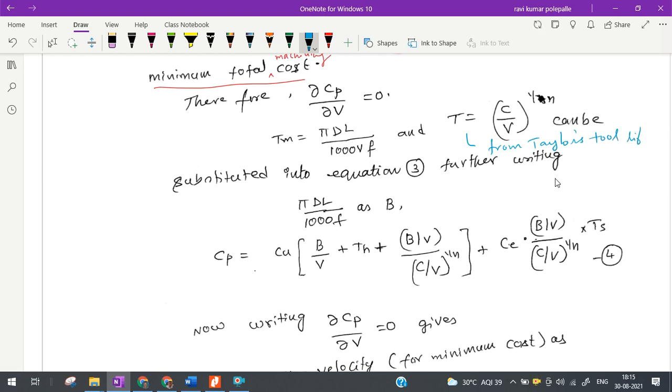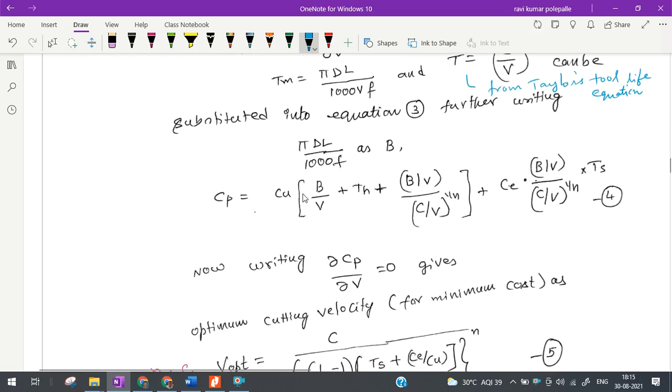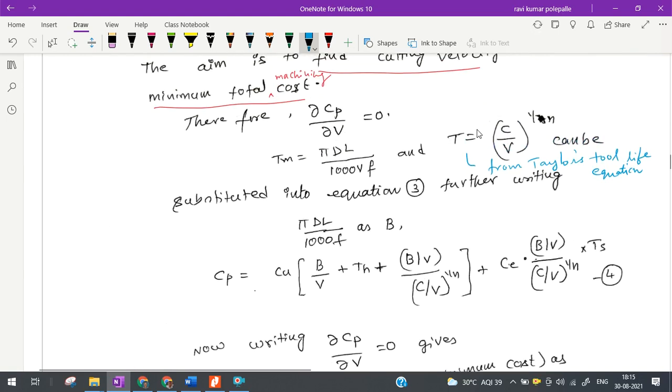This is coming from Taylor's tool life equation. Okay. So I write it as pi d L by 1000 Vf, and T is equal to C by V to the power of 1 by n.